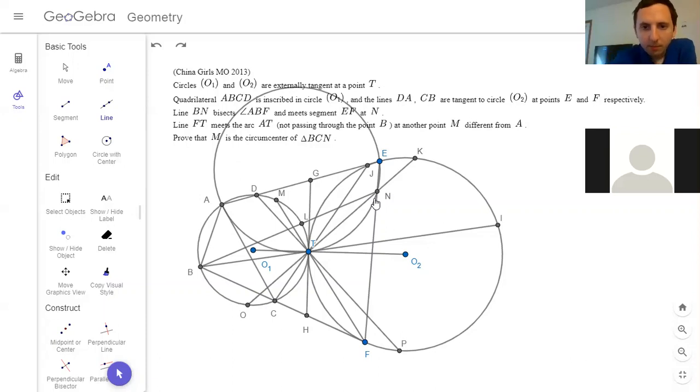Or we could show AEN is 180 minus ATN. Yeah. Maybe there's a better way.